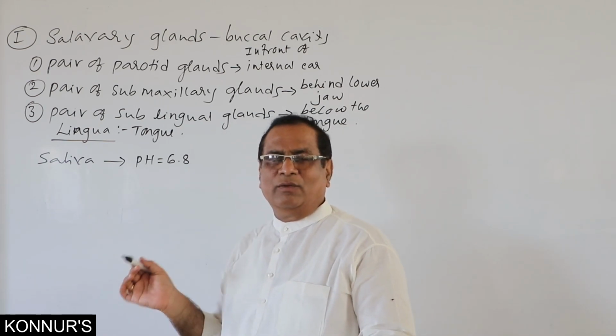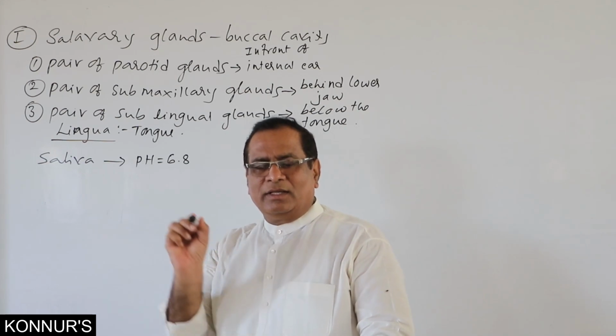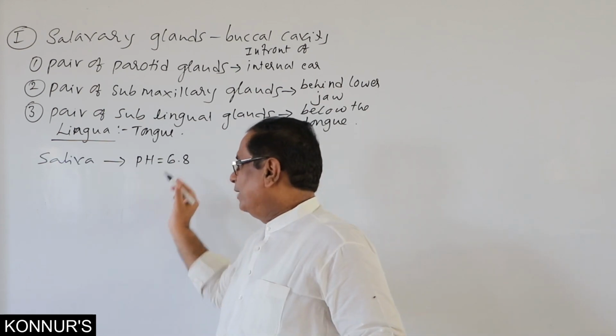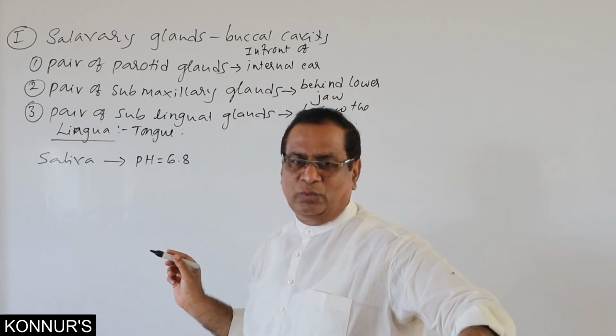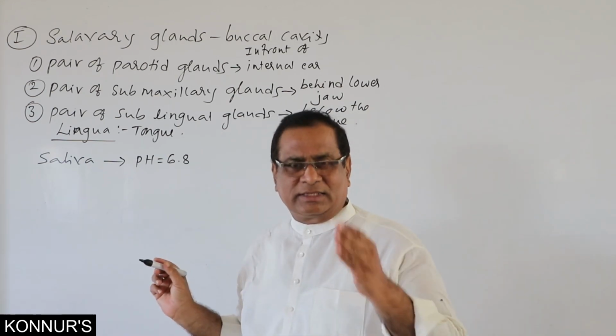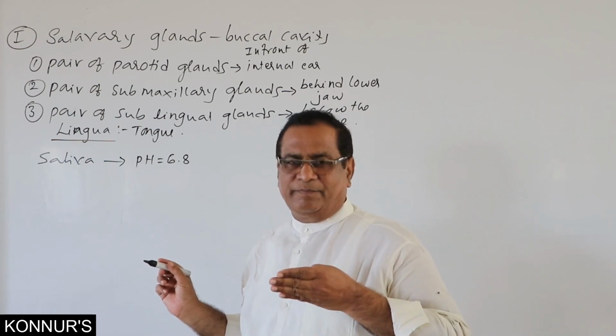Sometimes they will give slightly acidic, highly acidic, slightly alkaline, highly alkaline. Remember, if the pH is towards 0 it is highly acidic, towards 7 slightly acidic, and 7 is neutral.